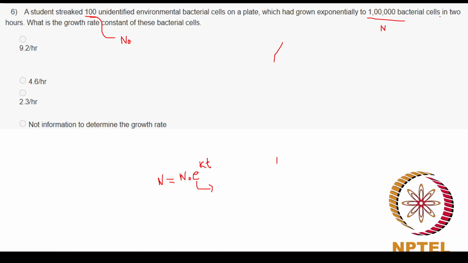What will be the T? Time is 2 hours. So this will be T. You can simply find the answer to this question. I have given one formula, but keep in mind it is for binary fission. So take some time and solve this question.